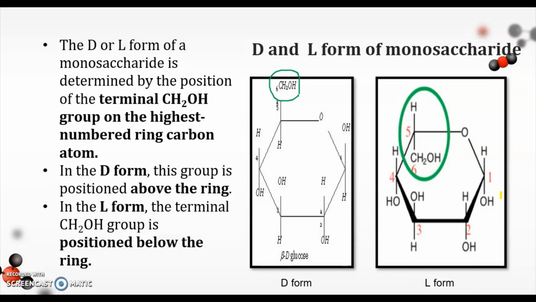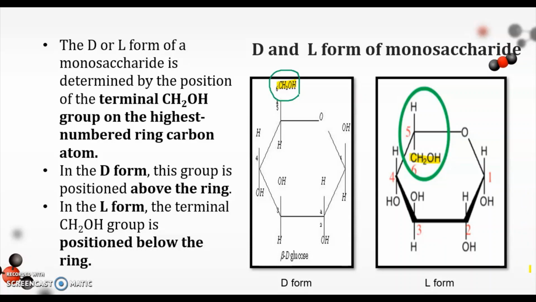In the L form, the terminal CH2OH is positioned below the ring. On the first picture, it will show us the D form. It will be seen on the highest carbon and it is placed on top. On the L form, as you can see on the picture, the CH2OH will be positioned below the ring.